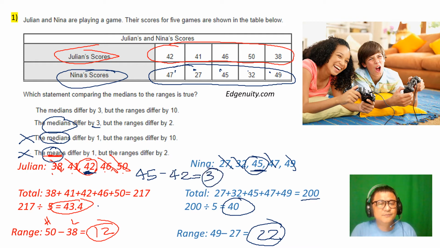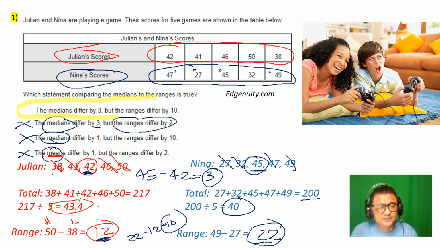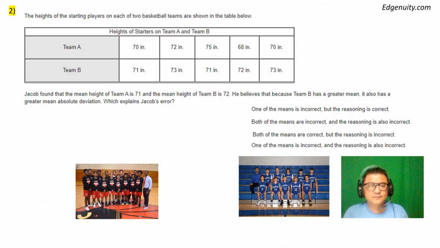That's true. But the ranges differ by 2. The 12 and the 22 do not differ by 2, not you. They differ by what? 22 minus 12 is 10. So the only one that makes sense, and it is correct, is: the medians differ by 3 and the ranges differ by 10.